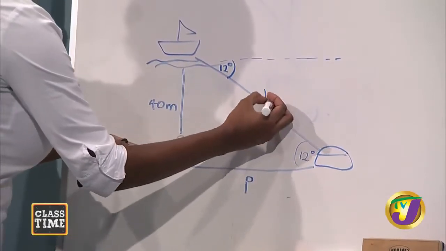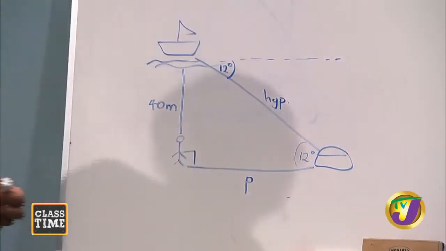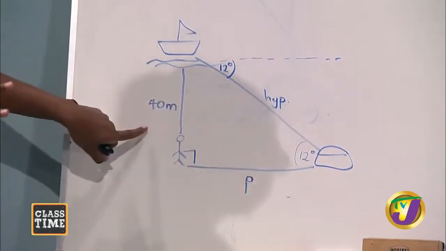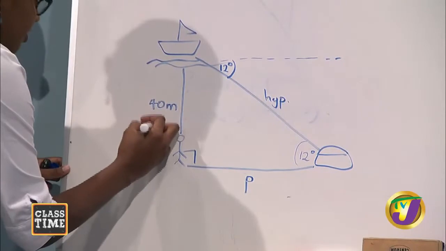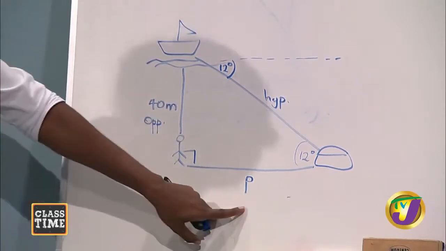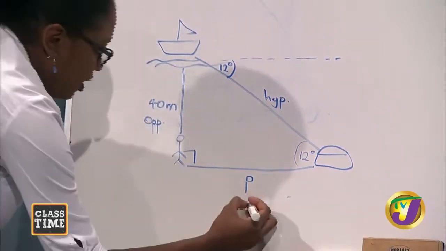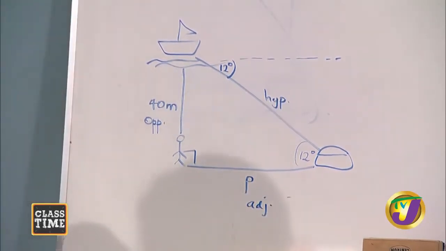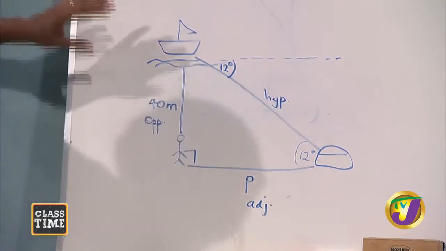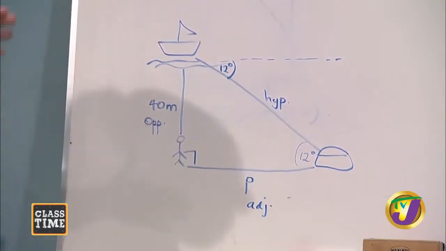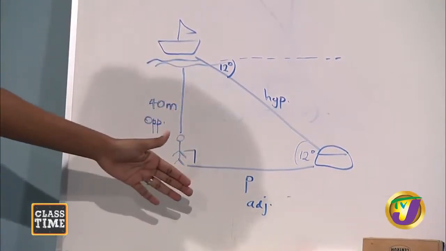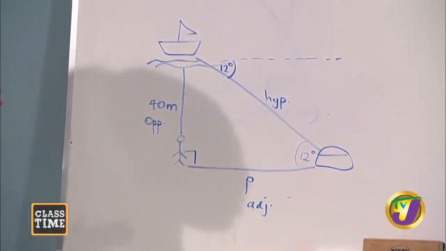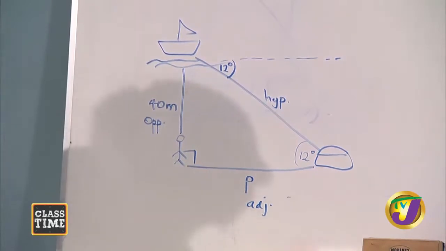If my angle is 12 degrees, this would be my opposite, and this would be the adjacent. Based on what we are given, we have the angle, we have the opposite side, and we are interested in finding the adjacent side. So opposite, adjacent, SOHCAHTOA, that sounds like TOA, tangent.